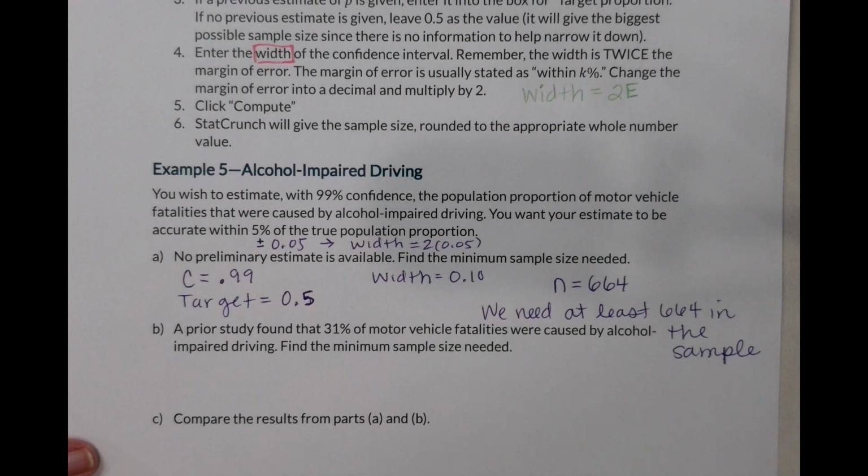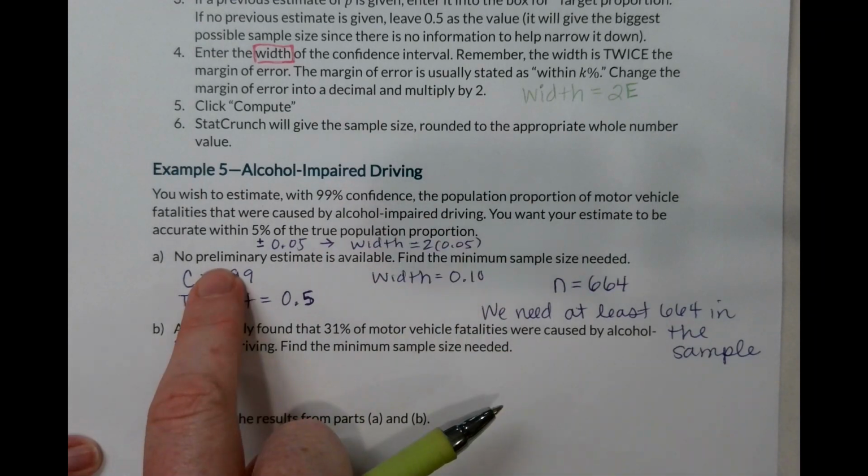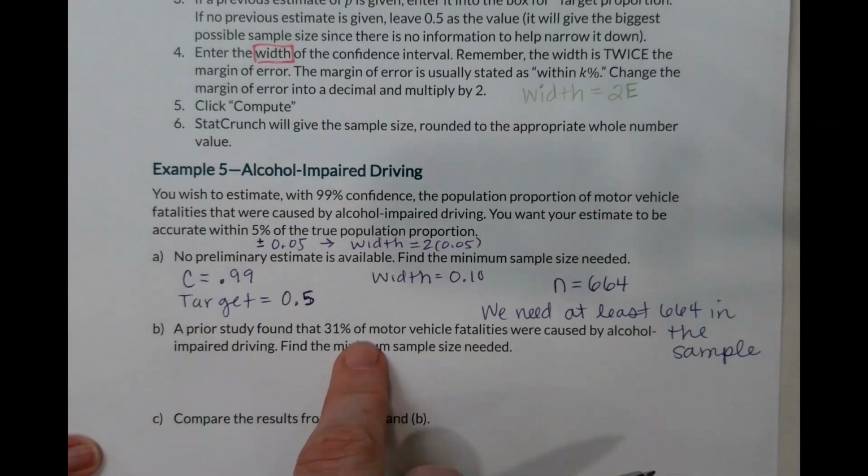Okay. So pretty much every single what sample size do you need question in Pearson and in the actual physical textbook as well, gives you a situation, asks you, what if you don't have an estimate, what if you do, and then compare. So same thing on the test.